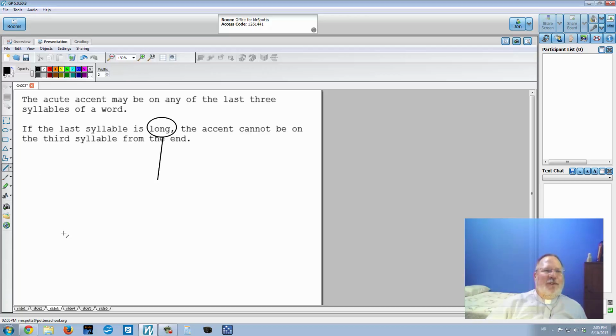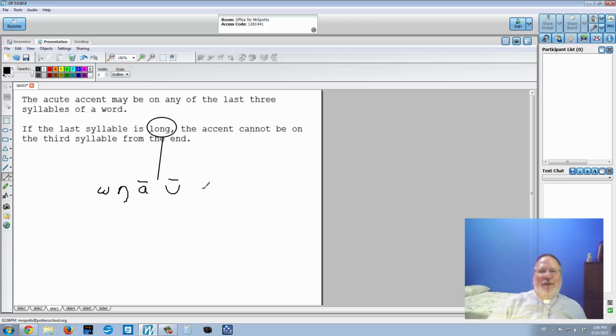A long syllable will have omega, which is a long vowel. It could have an eta, which is also a long vowel. It could have an alpha, which is long. The alpha can be either long or short. It could have an upsilon, which is long. It's not very common, but it does happen.